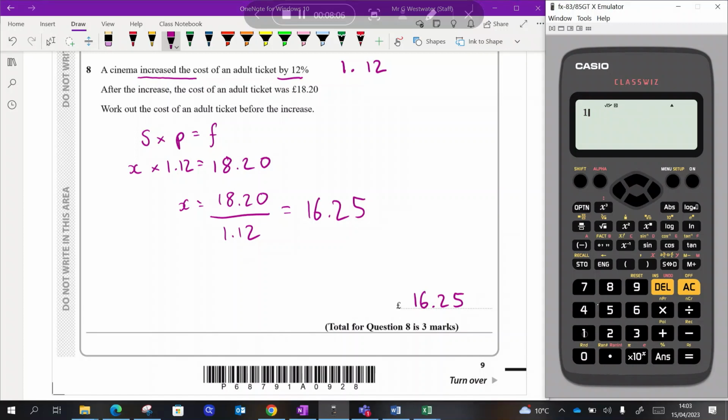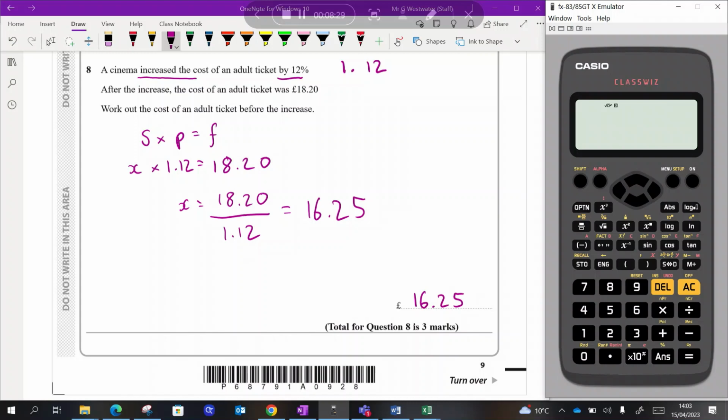In fact, if you did £18.20 times 0.88, you get 16.016, not this 16.25, because this is a larger amount, so you're taking 12% of that larger amount away. Okay? That's not correct. This one is.